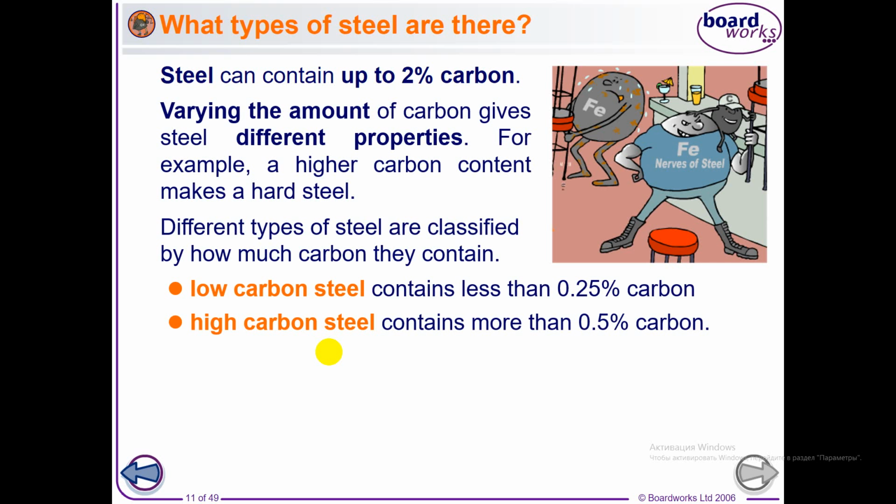The next type of steel is high carbon steels.